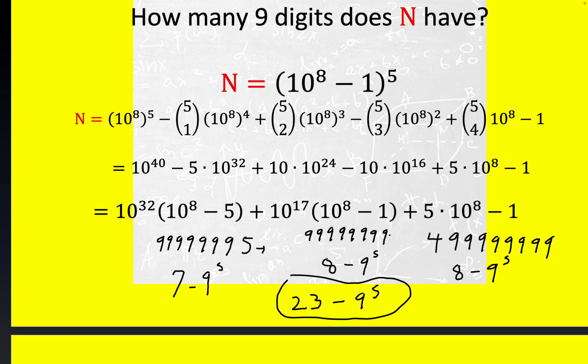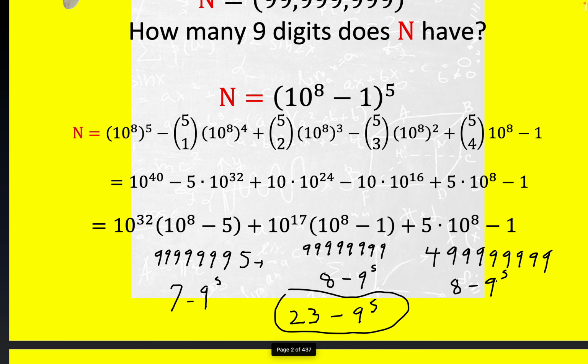This one is exactly what you'd expect, 8 nines. Then this one was 8 nines in a different sort of way, because the 5 in front led to a borrow condition where all these 8 nines still survived. But in any event, this 23 is what I got as the answer, folks.